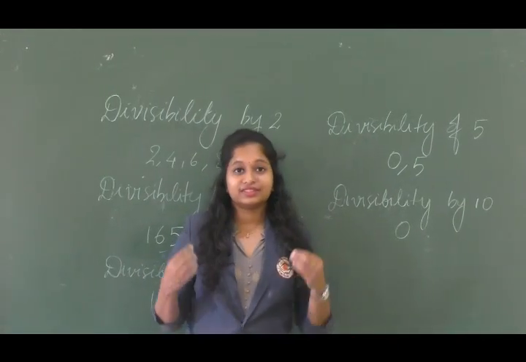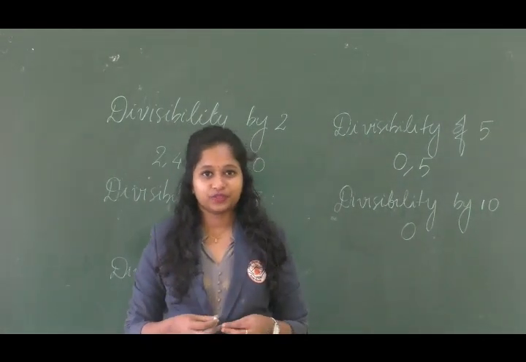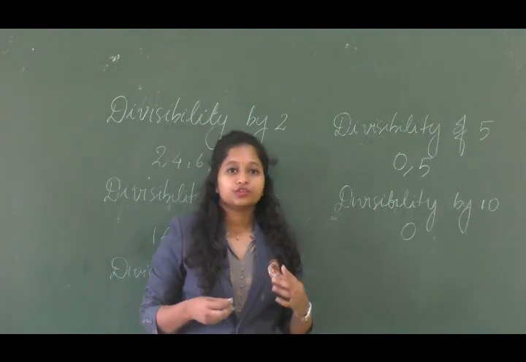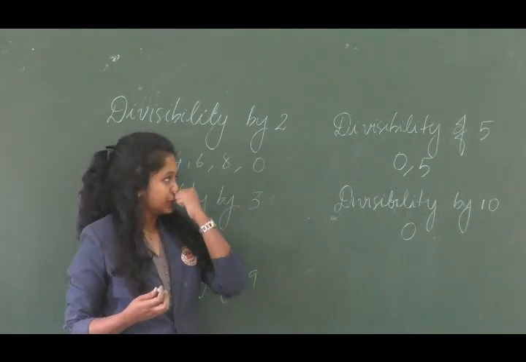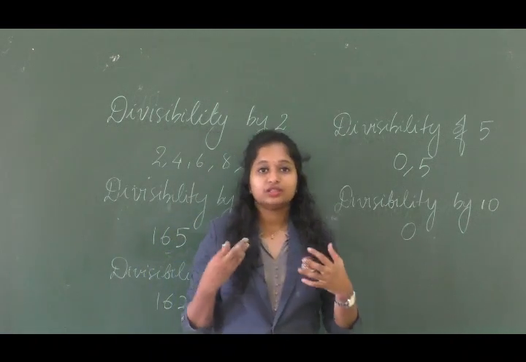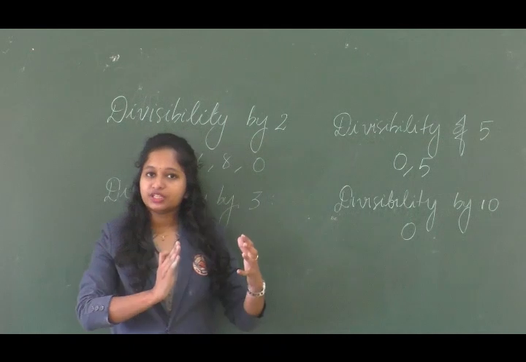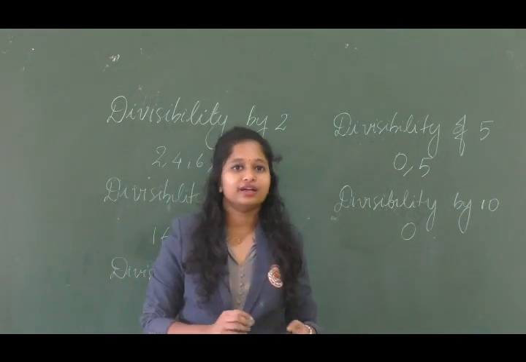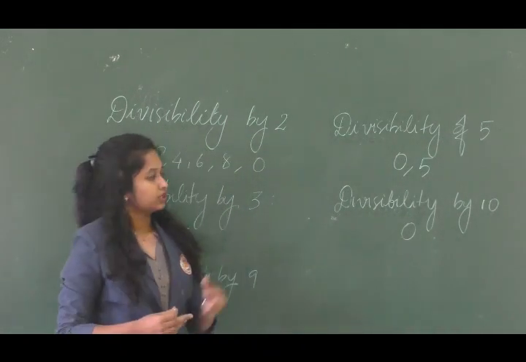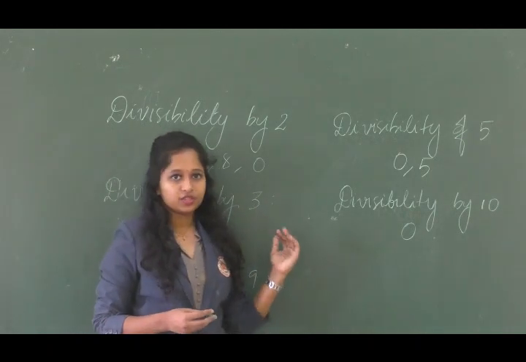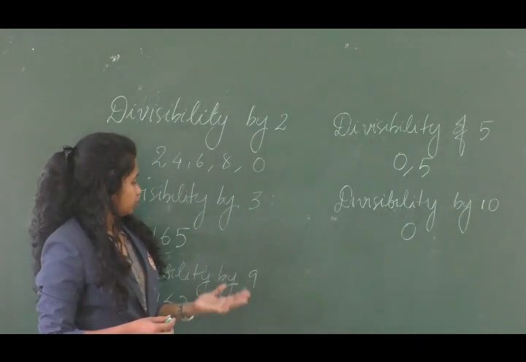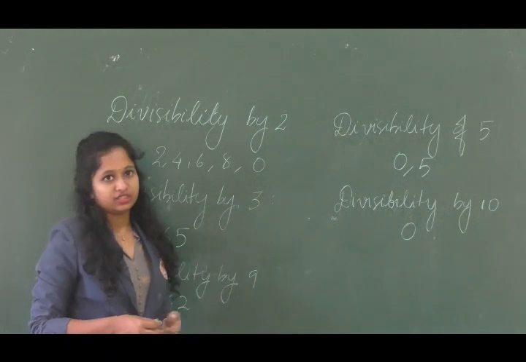Now let's see the tests of divisibility. Okay, so if you know the divisibility rules, then it will be easy for you to understand if a particular number is divisible by another number. Okay, so here let's see the divisibility rule of 2, 3, 9, 5 and 10.